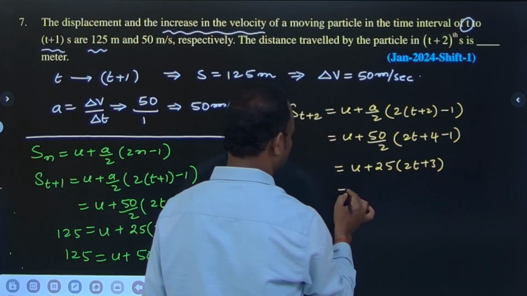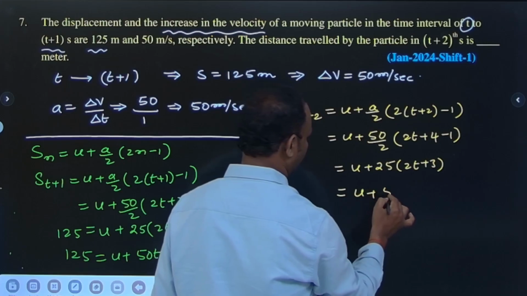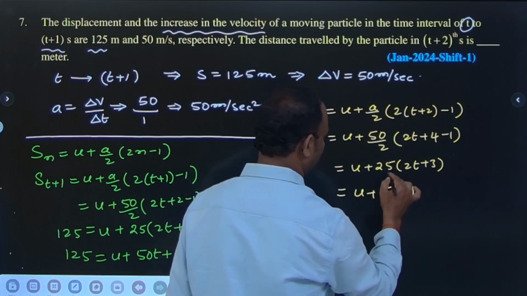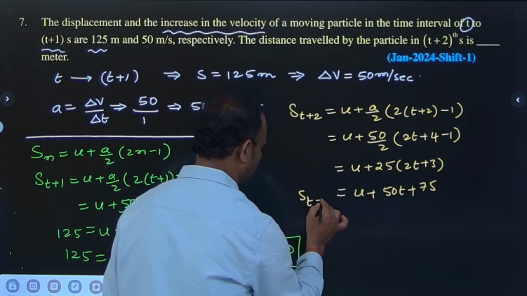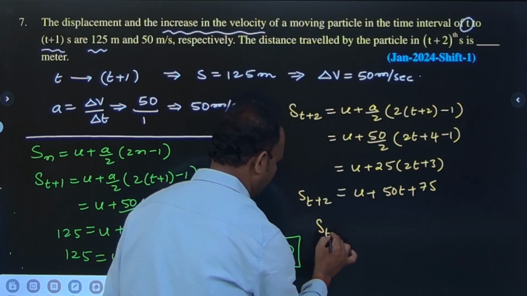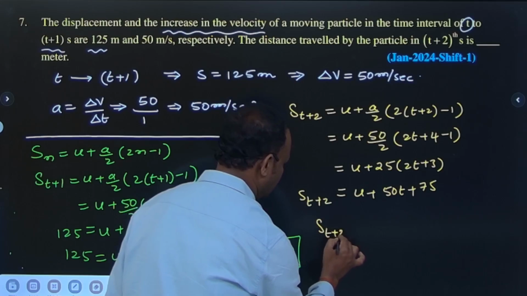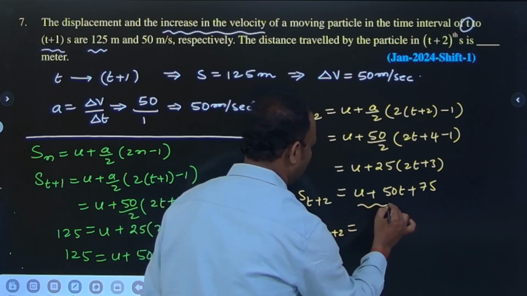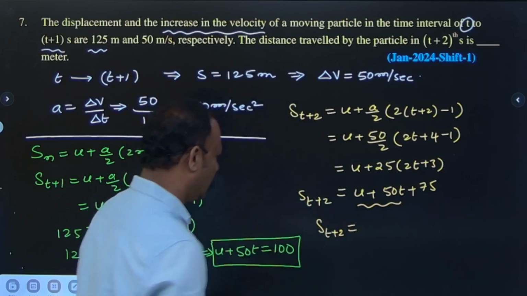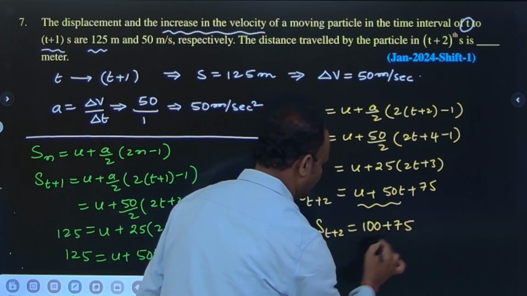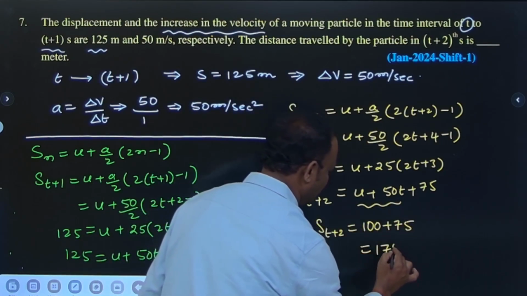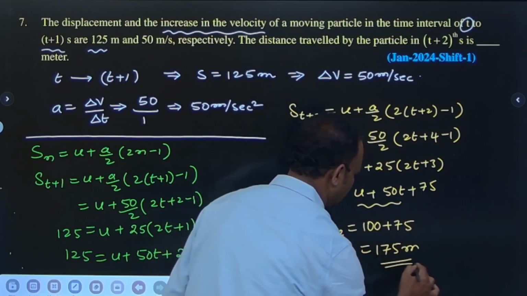So this is equal to u plus 50t plus 25 threes are 75. So the distance traveled in the t plus 2nd second is u plus 50t, which is 100, plus 75, so 175 meter is the answer.